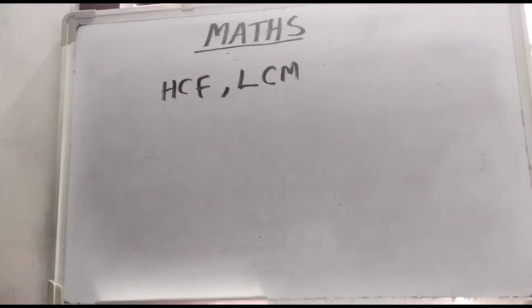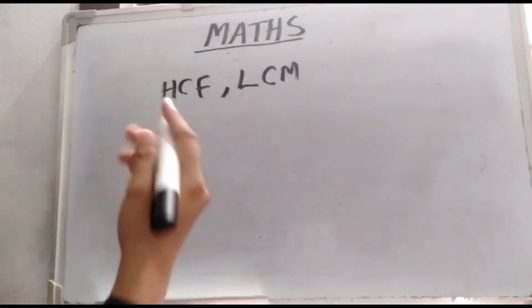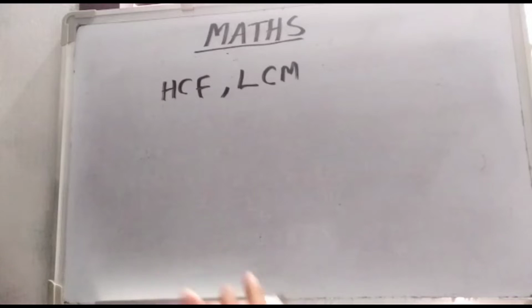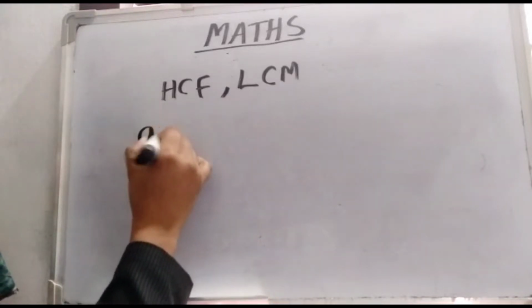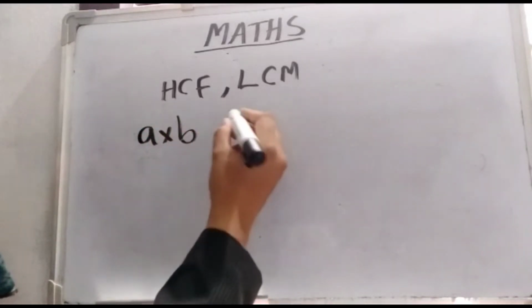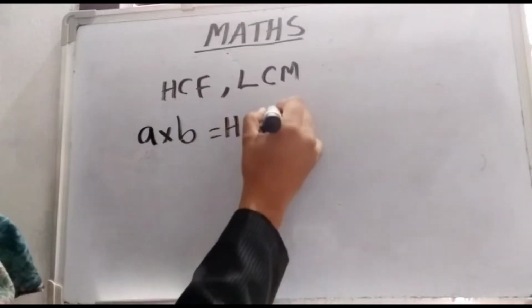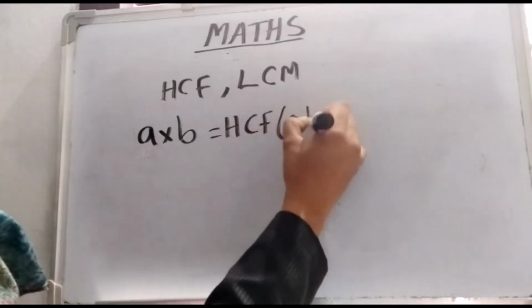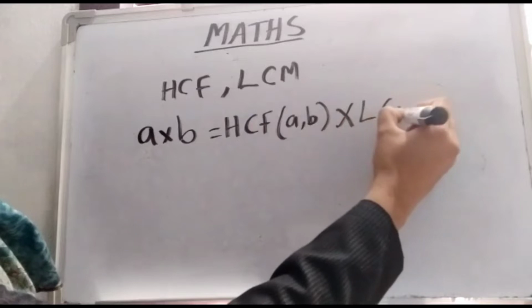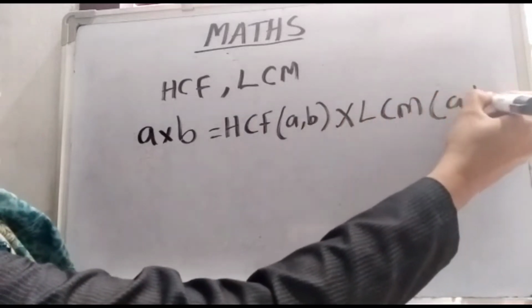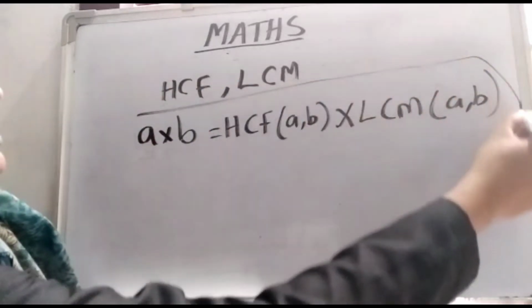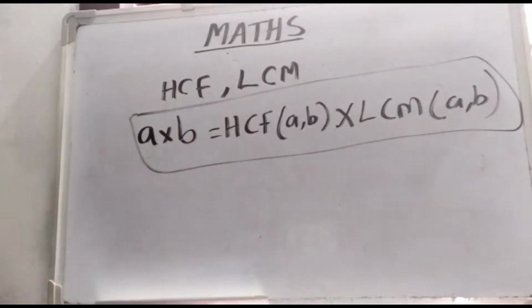in this chapter. That is, if A and B are two positive integers, then the product of A and B, A into B, is equal to HCF of A and B into LCM of A and B. This is a very important result and you can expect at least one question regarding this result.